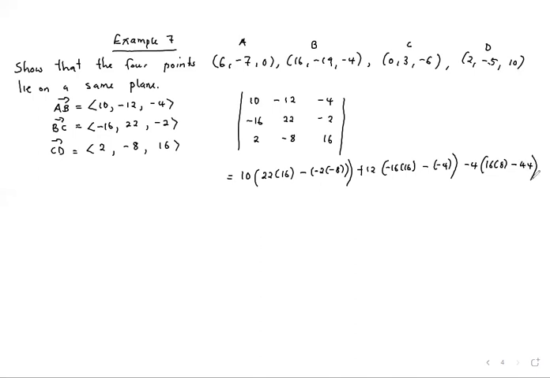So what we have: 10 by 22 by 16... that is 352 minus 16, that's 336.